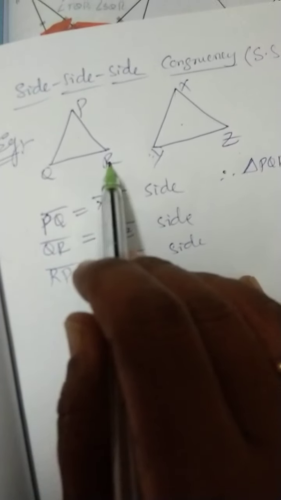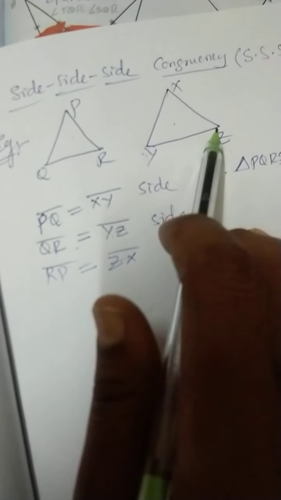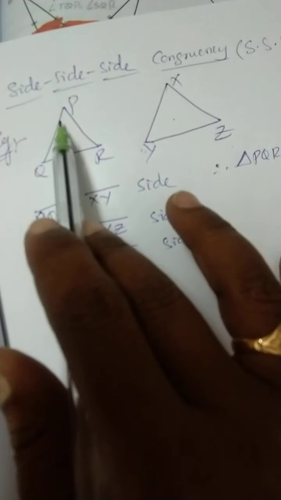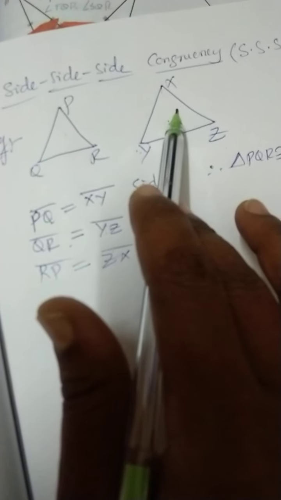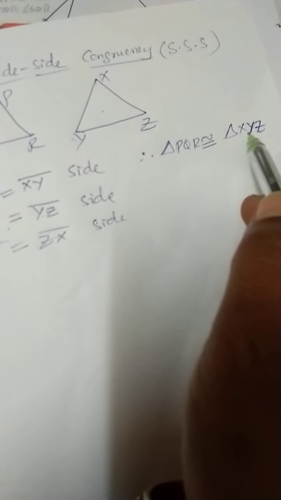Next, QR is equal to YZ. Next, PR is equal to ZX, or XZ. These three sides of one triangle are equal to the corresponding three sides of the other triangle. Then we can say these two triangles are congruent. Therefore, PQR is congruent to XYZ.